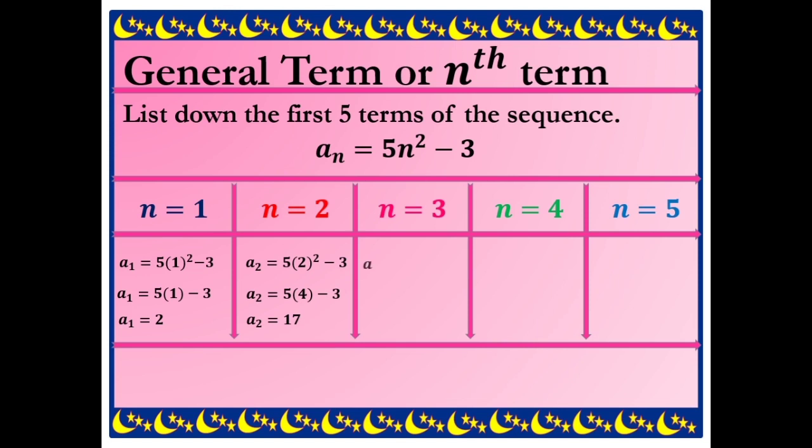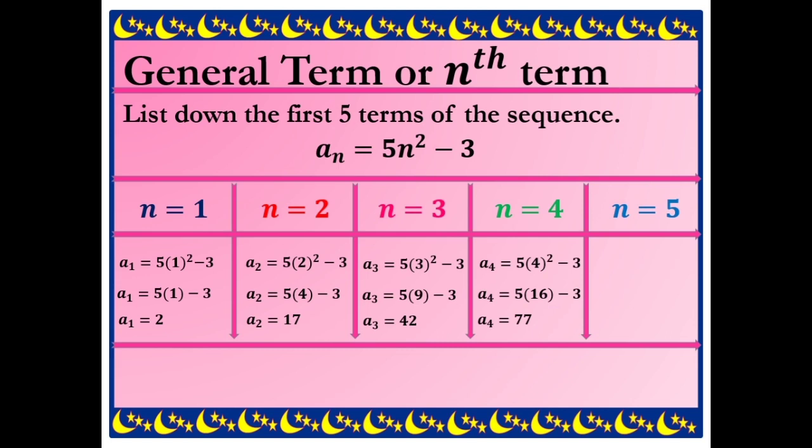For the third term, a sub 3 is equal to 5 times 3 raised to 2 minus 3. 3 squared is 9, therefore we have 5 times 9 minus 3, and the third term is 42. Fourth term, a sub 4 is equal to 5 times 4 to the power of 2 minus 3. 4 squared is 16, so we have 5 times 16 minus 3. The answer is 77.